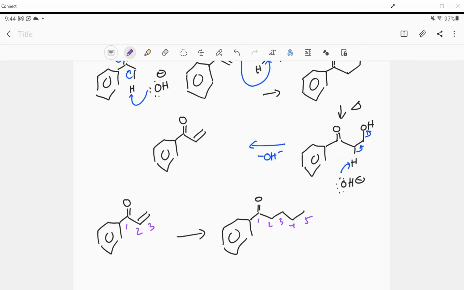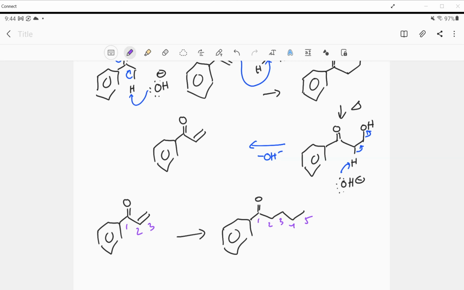Is it acetoacetate? The acetoacetate synthesis does add alkyl groups, yes, but there's an easier way to get this one done.